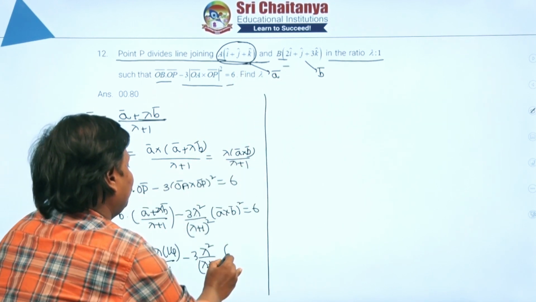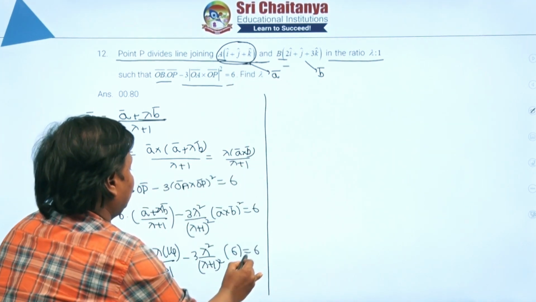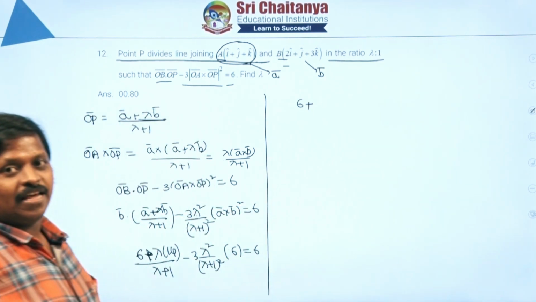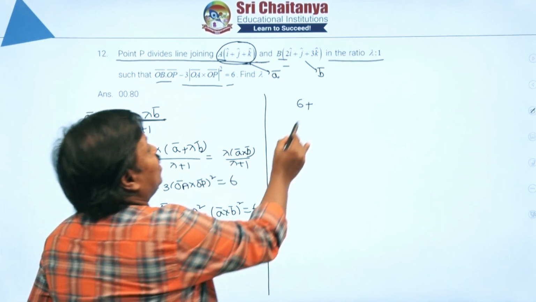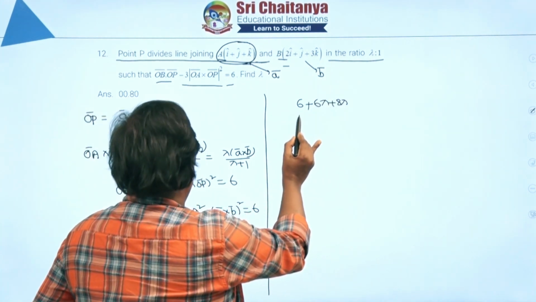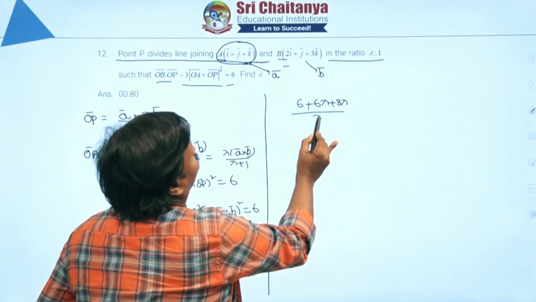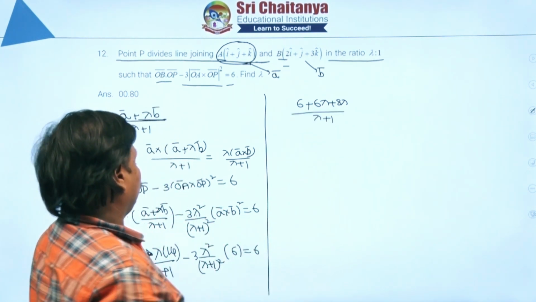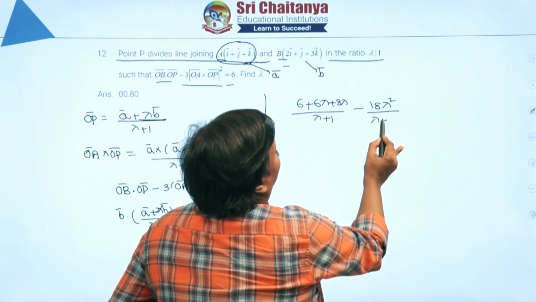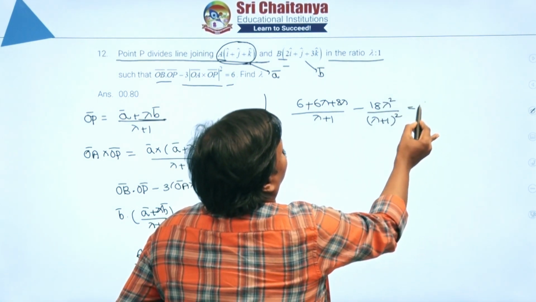We can calculate from this, we will get it as 6 equals to 6. This I can write it as 6 plus 14 lambda, I write it as 6 lambda plus 8 lambda by (lambda plus 1) minus 18 lambda square by (lambda plus 1) whole square equals to 6.